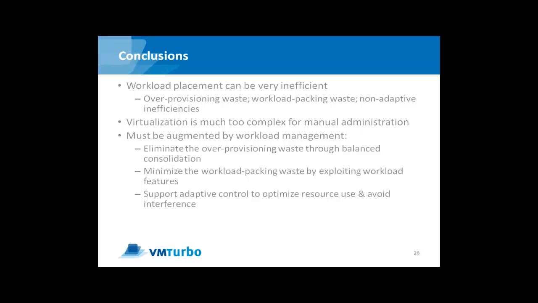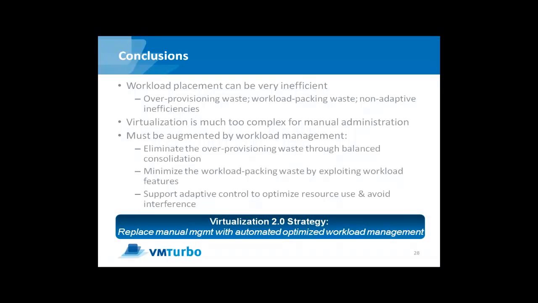This can be addressed by eliminating over-provisioning through smart consolidation of the workloads, minimizing workload packing waste with better bin packing algorithms, and enabling adaptive control to take advantage of the bursty nature of mission-critical apps. So the recommended Virtualization 2.0 strategy is to replace manual management with automated and optimized management of workloads and resources.